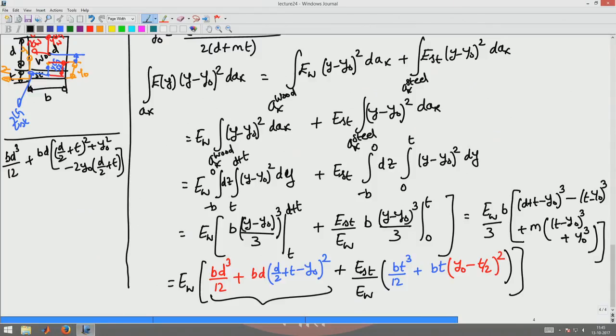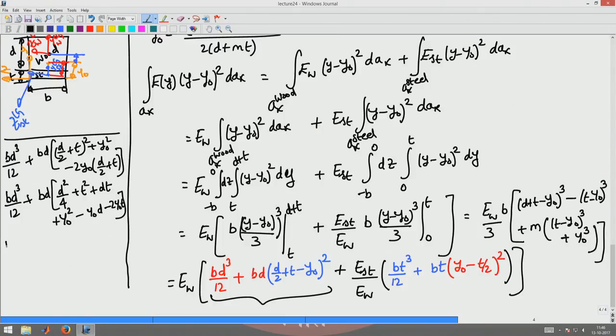So, this will be bd³/12 + bd(d²/4 + t² + dt) + y₀² − y₀d − 2y₀t.